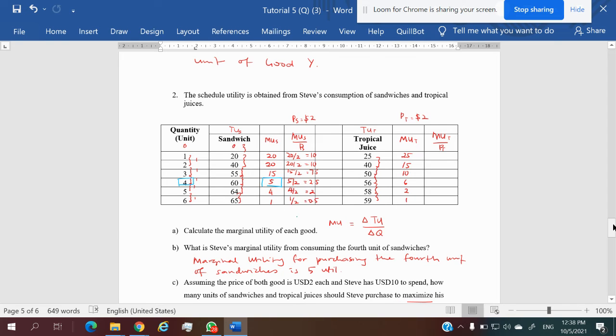So here 25 divided by 2 is 12.5. 15 divided by 2 is 7.5. 10 divided by 2 is 5. 6 divided by 2 is 3. 2 divided by 2 is 1. And 1 over 2 is 0.5.